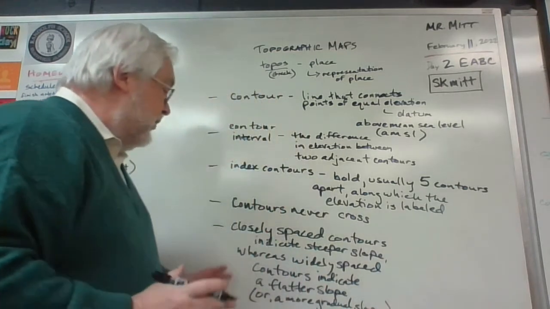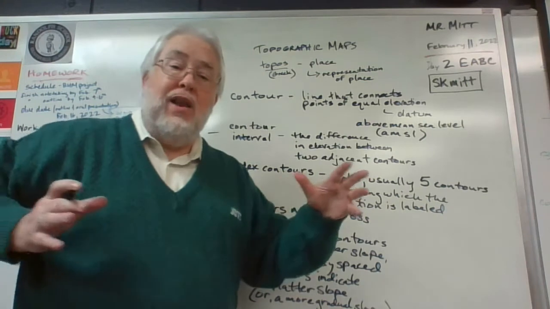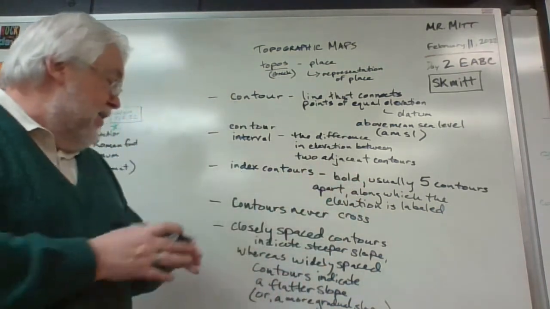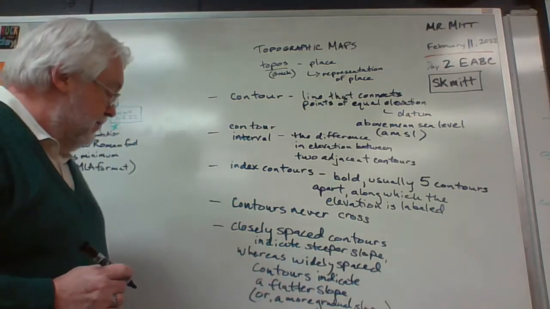So if you look at a map and you see lots of contours close together, that's really steep. If they're spread out a little bit more, that means that it's a more gradual slope. It's a flatter sort of an area.